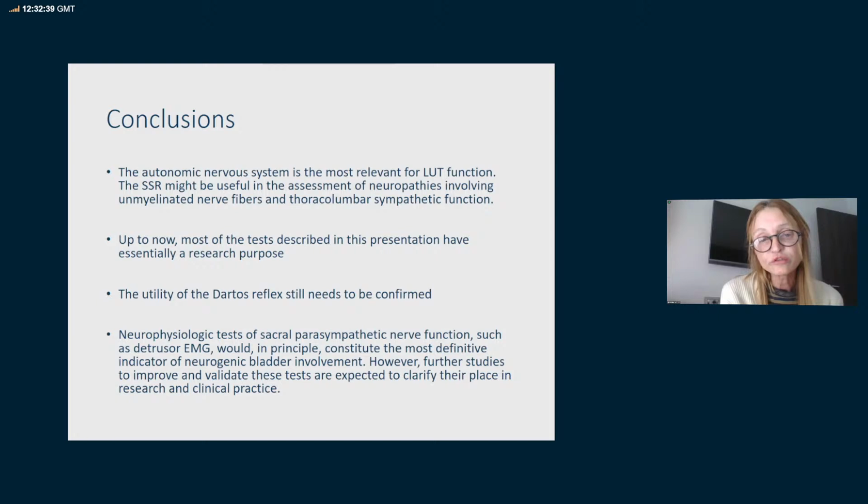And at least neurophysiologic tests of sacral parasympathetic nerve function, such as detrusor EMG, would in principle constitute the most definitive indicator of neurogenic bladder involvement, because it tests the parasympathetic nervous system. However, further studies to improve and validate these tests are expected to clarify their place in research and clinical practice.